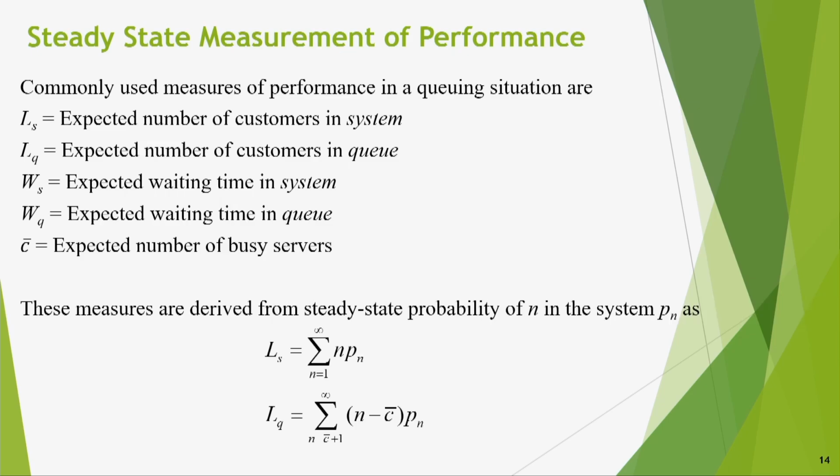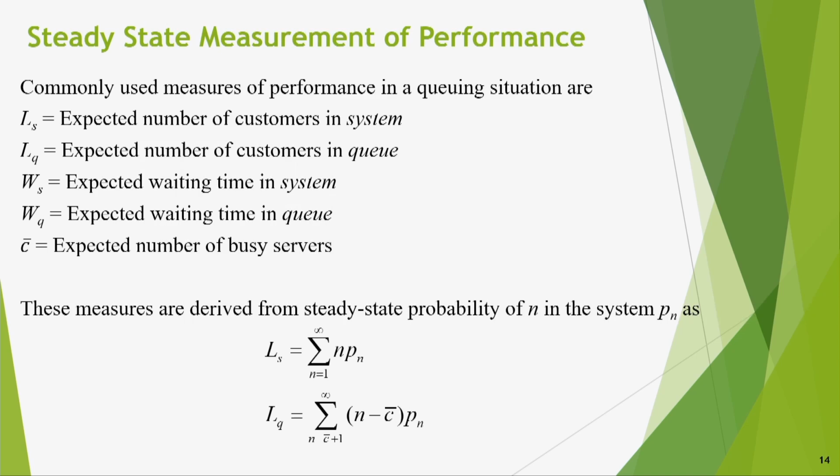Now suppose you want to find out the system length. You can say Ls is equal to sigma n is equal to 1 to infinity n Pn. This is the expected value, mathematical expectation. That means number can be 1, but the corresponding probability is P1. Number can be 2, corresponding probability is P2.